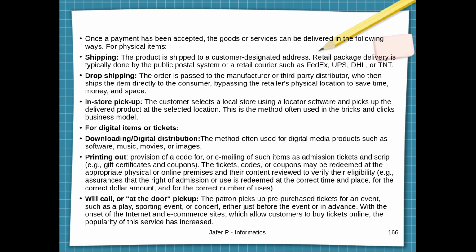Once you go there, you can say your name or ticket number, then they will get the details of your ticket. That is called will call or at the door pickup. The patron picks up pre-purchased tickets for an event, right, such as a play, sporting event, concert, either just before the event or in advance.